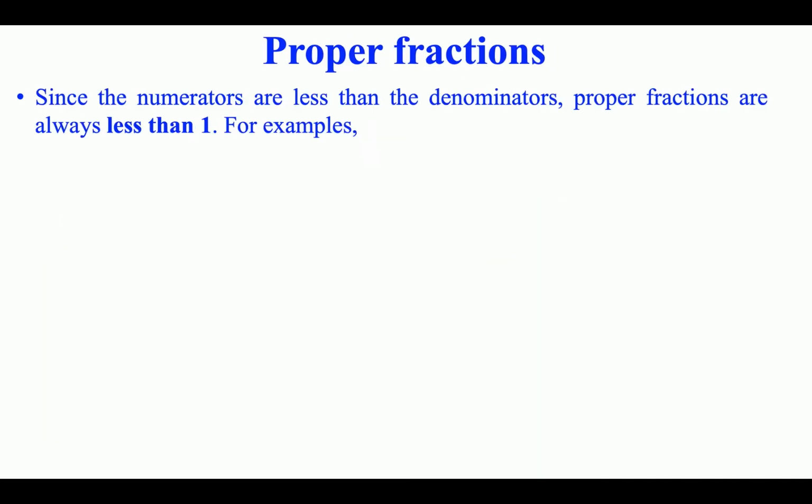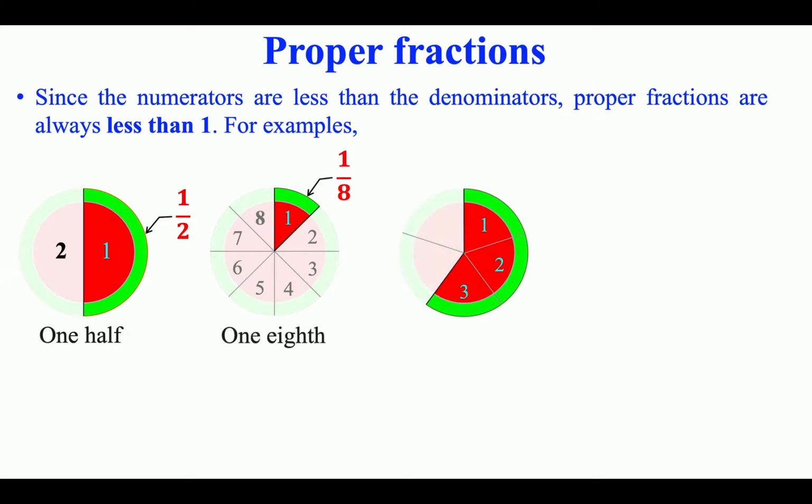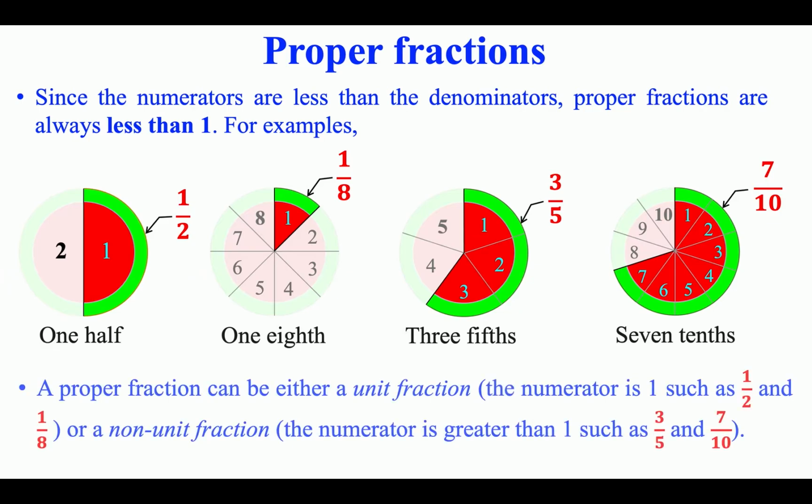Proper fractions. Since the numerators are less than the denominators, proper fractions are always less than 1. For examples, 1/2, 1/8, 3/5, 7/10.